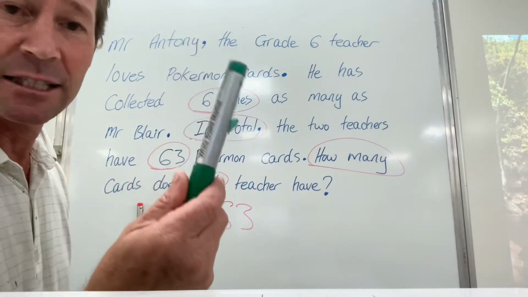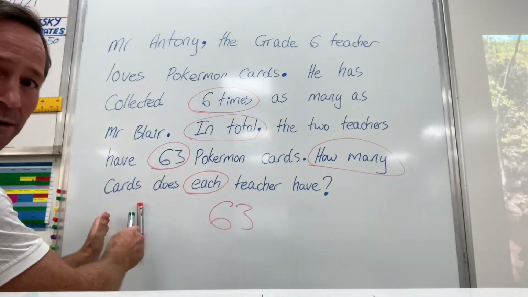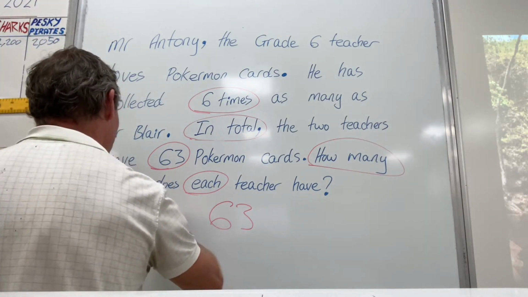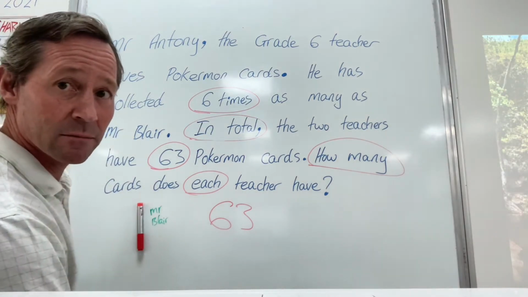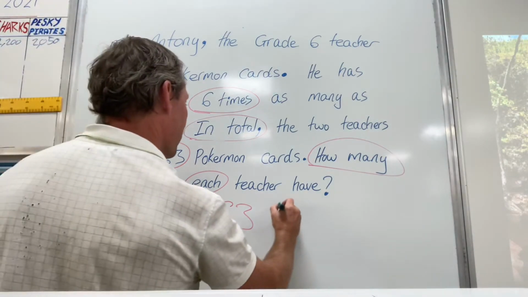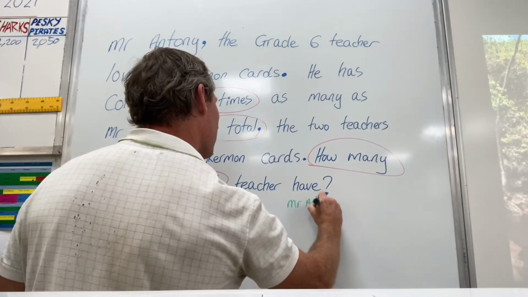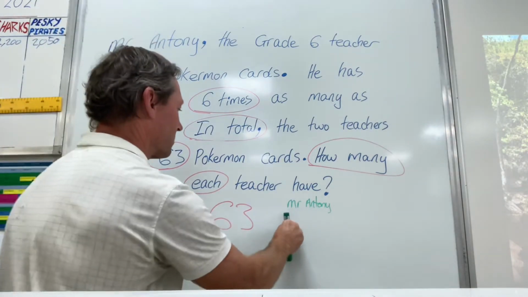I'm using pens instead, or markers. So if I've got 1, this is Mr. Blair's. 1 times 6 would be 6. So Mr. Anthony over here has 6.